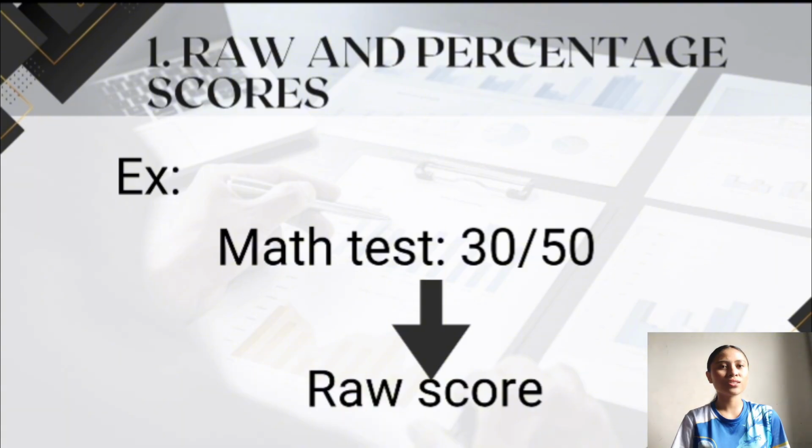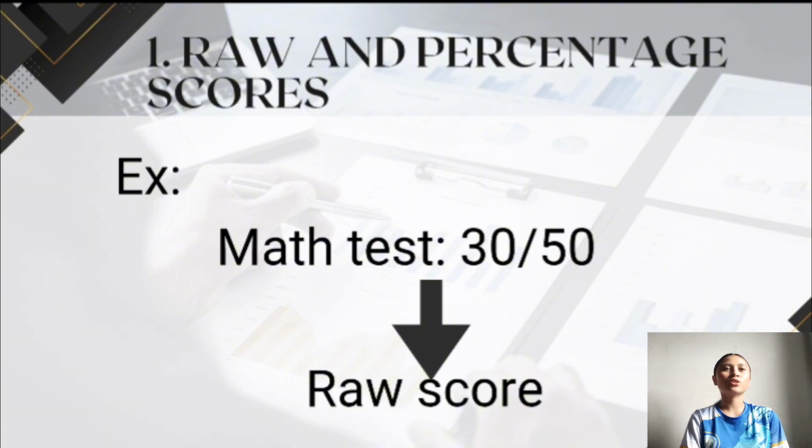As you can see on the screen, again, the raw score is obtained by counting the number of correct responses in a test. So the raw score in the math test the student obtained is 30 over 50. That is the raw score.